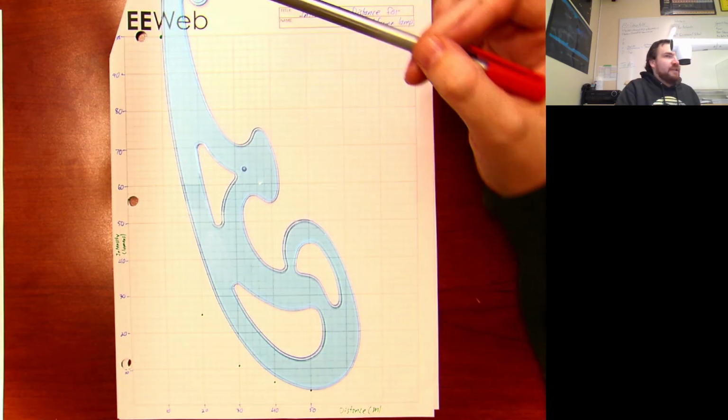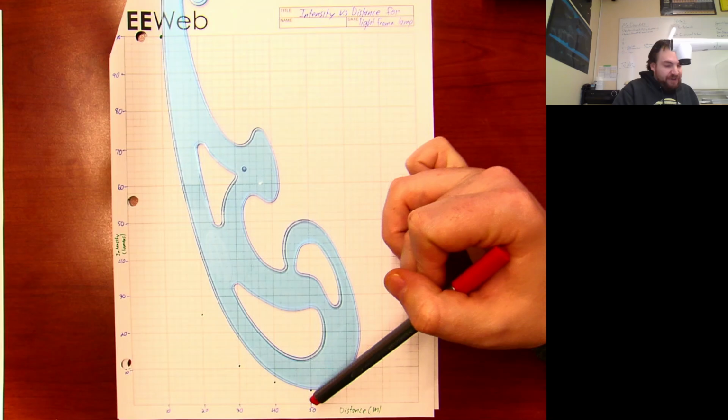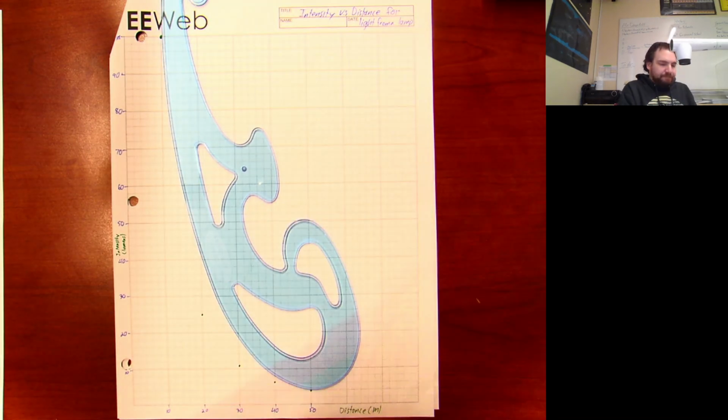If I were to just draw the line as it sits right now on this curve, I've got 2 points that would be consistent, but one is way the heck out to lunch.